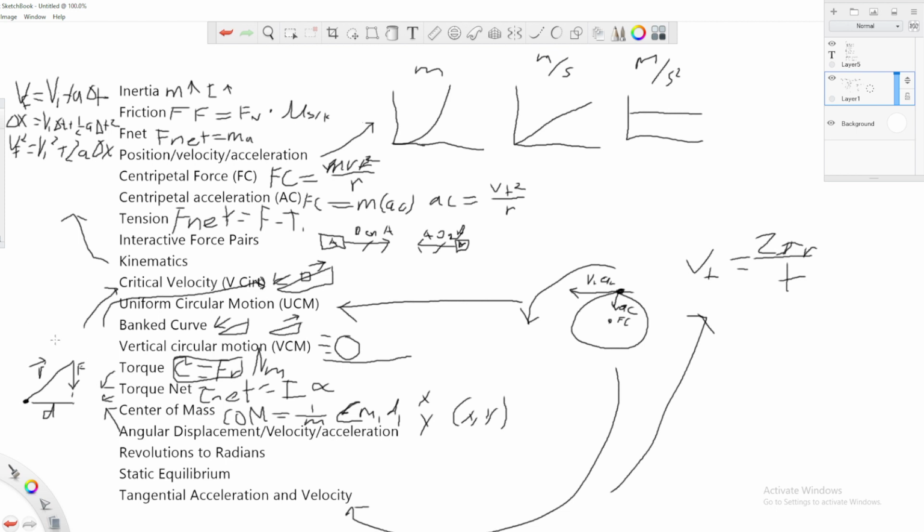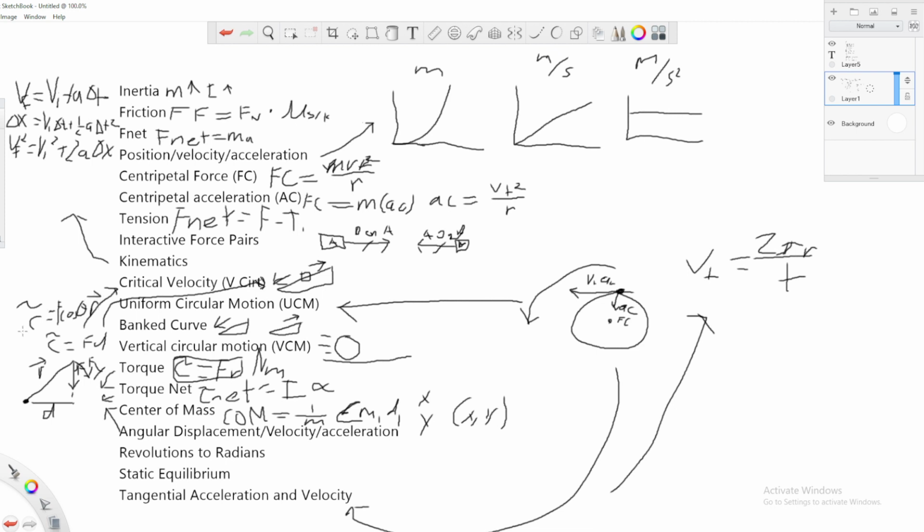So you can do torque equals FD, or you can do an Fy variable and find that angle there, and you can multiply your F cosine theta times your radial arm.